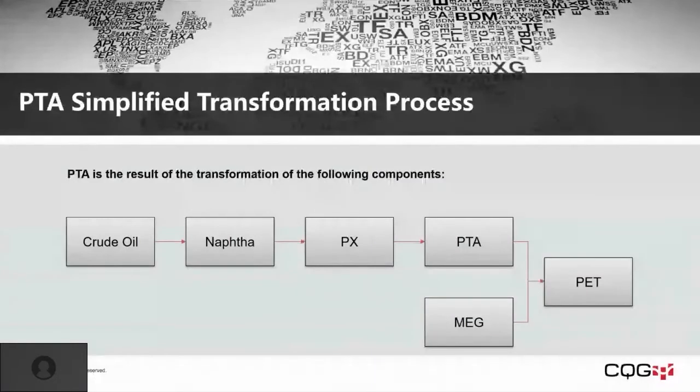Obviously the previous presentations were a lot more fundamental than that, but what I'm going to show here is trying to look at the PTA transformation process, to try and find out what we can use to have an edge on the arbitrage side.